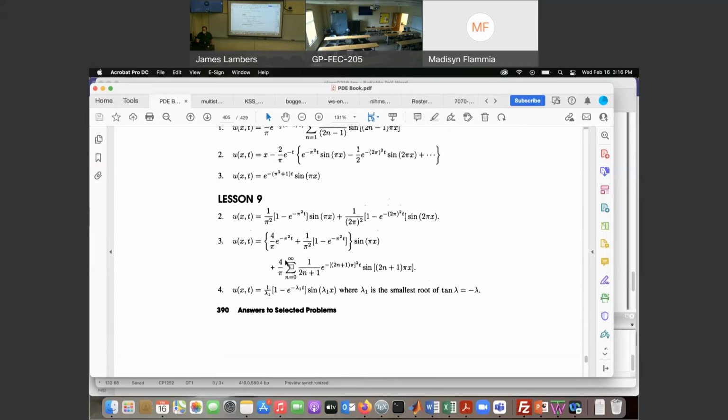Now, if you go to the summation and set n equals 0 and just look at that term, what do you get? 4 over pi e to the minus pi squared t sine pi x, and this evaluates to 1. In other words, this term should not be here because it's already accounted for in the summation. If you change the summation to start at n equals 1, then yes, this term is okay to have. So they basically include a valid term twice.